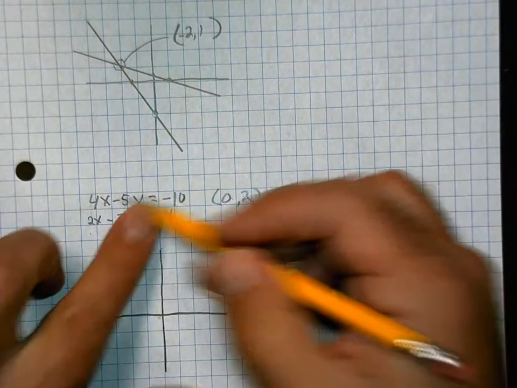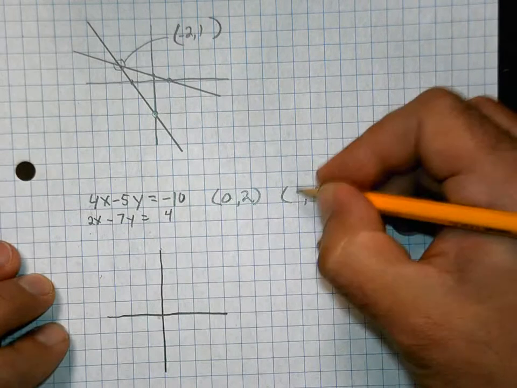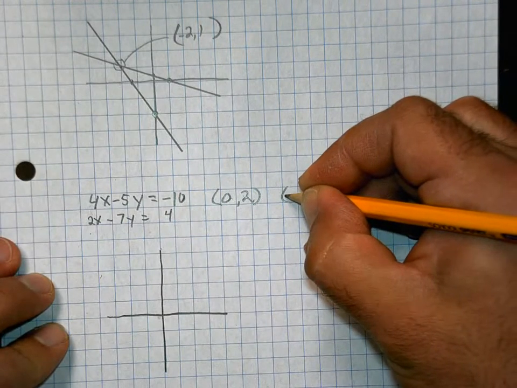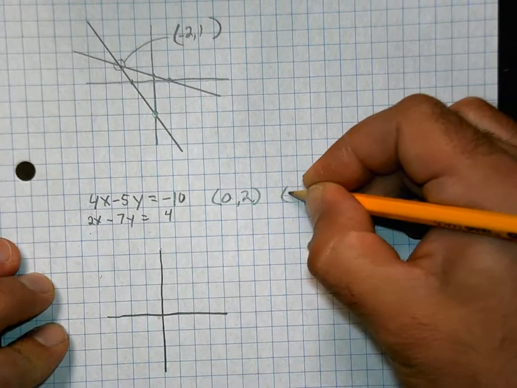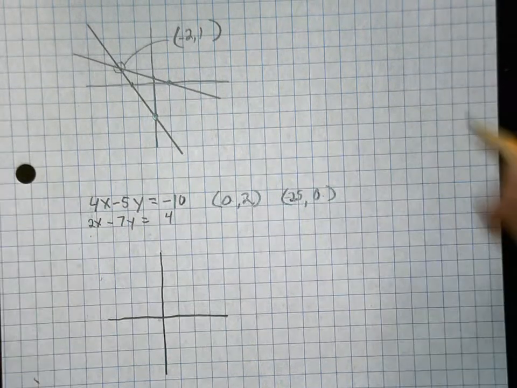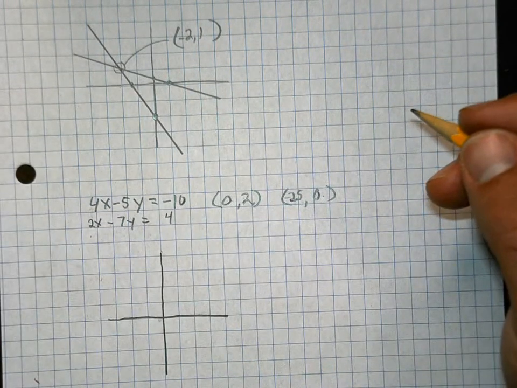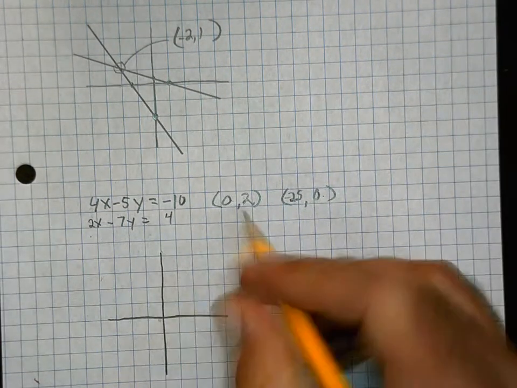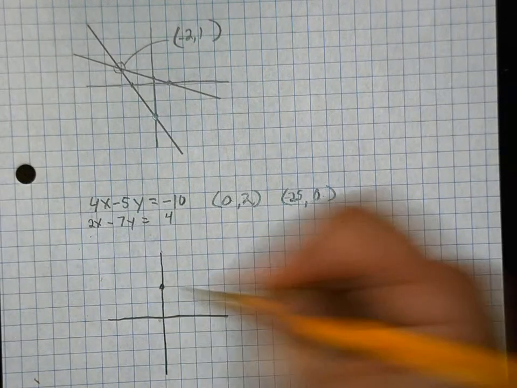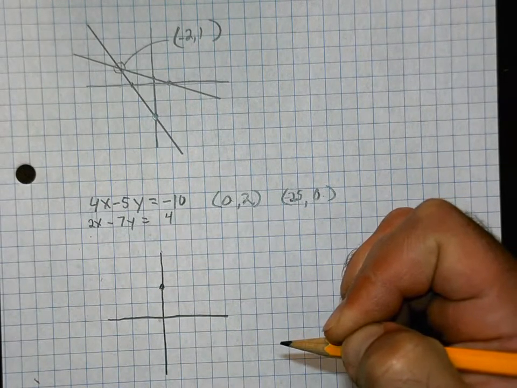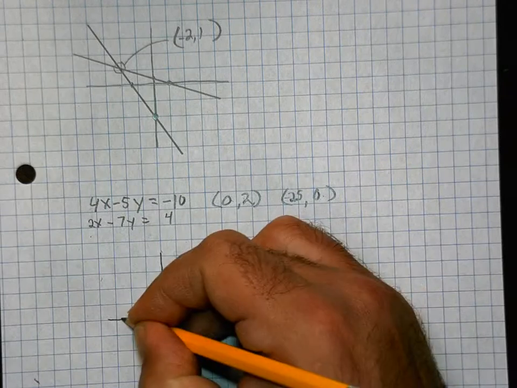Plug 0 in for y, divide by 4, negative 10/4, or negative 5 halves, which is negative 2.5. So let's plot that: 0, 2, and negative 2.5, 0.